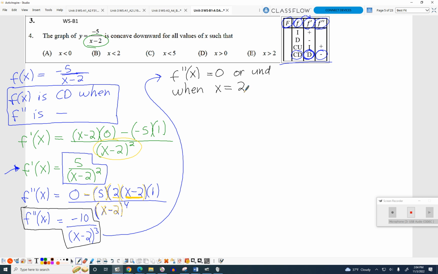Everybody good? Yeah. Luke? So, when you have something like this, is there a pattern where you multiply the exponent of the bottom by the numerator?